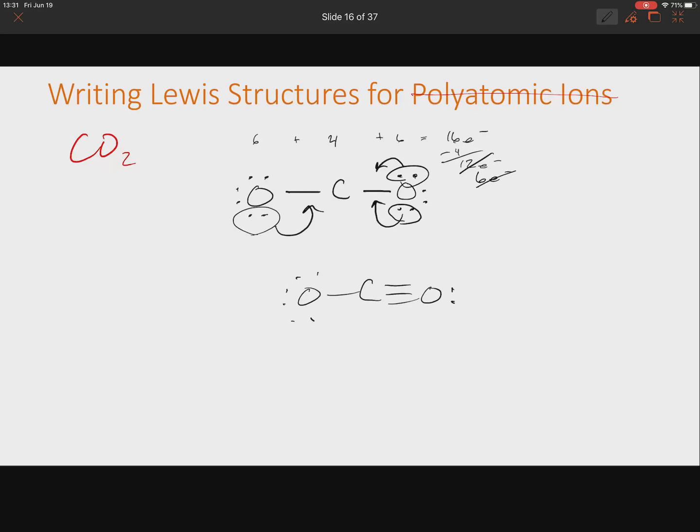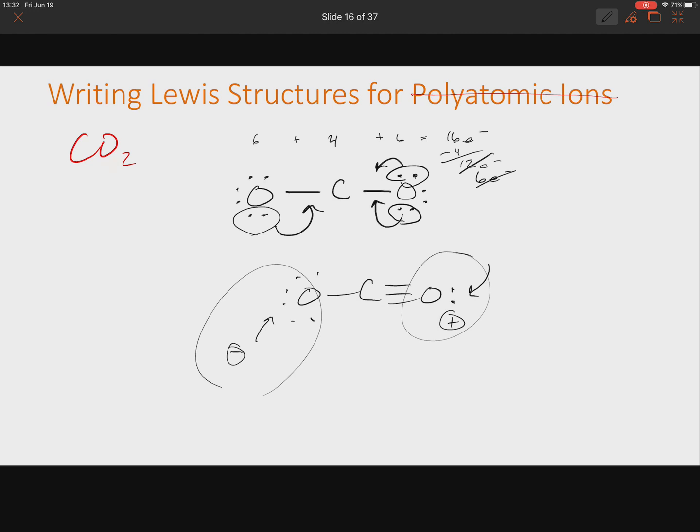Everybody still has an octet here, but what we would find out in a later chemistry course is that this oxygen would have a positive charge on it, and this oxygen would have a negative charge on it. And while that may happen in nature sometimes and briefly, nature really doesn't like having separated charges. And you don't know how to tell that in this class, so you don't have to worry about it. This would still fit the octet rule.